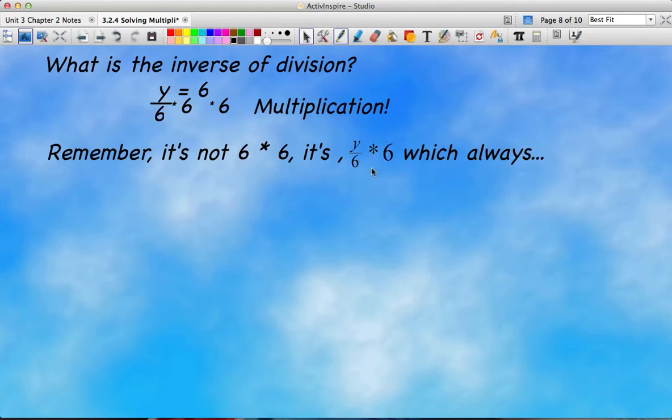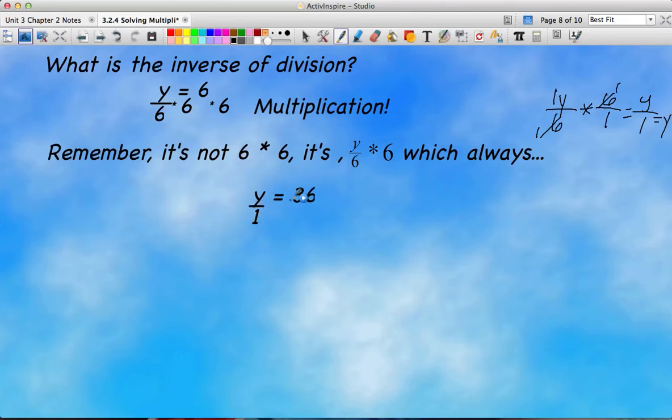So also when you're working with a fraction, you have to remember, we said y is like saying 1 times y. And if you multiply it by 6, we put 6 over 1. 6 and 6 can be simplified to 1, and I end up with y over 1. And I know that that is just equal to y.